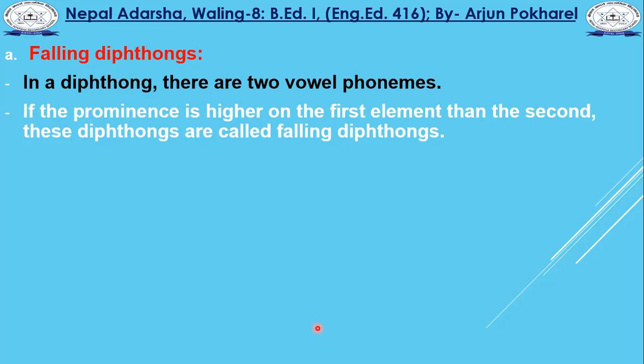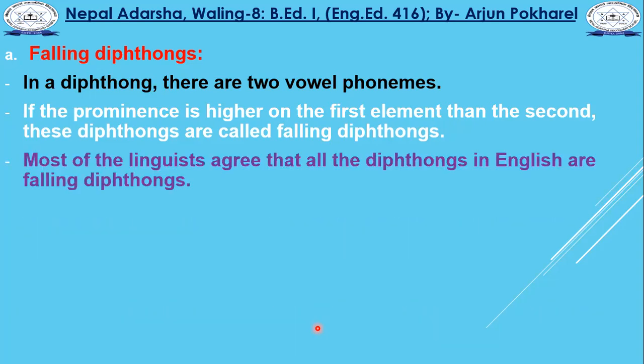So if more significance is given to the first element, the diphthong becomes a falling diphthong. Most linguists agree that all the diphthongs in English are falling diphthongs. Out of these 8 different diphthongs, all of them are falling diphthongs.